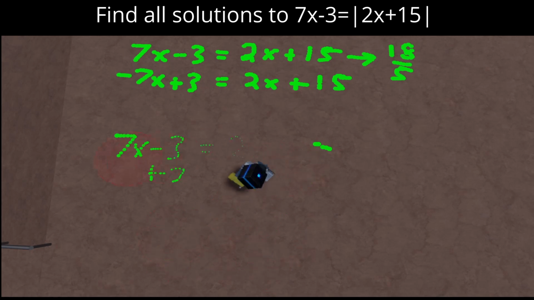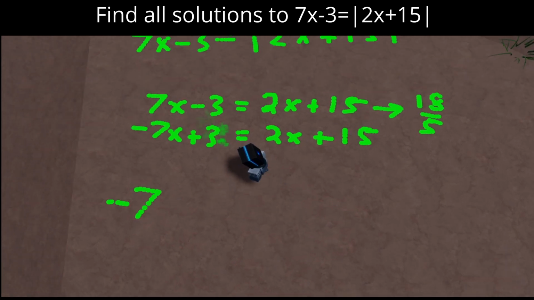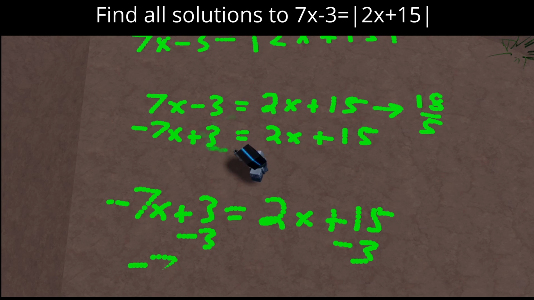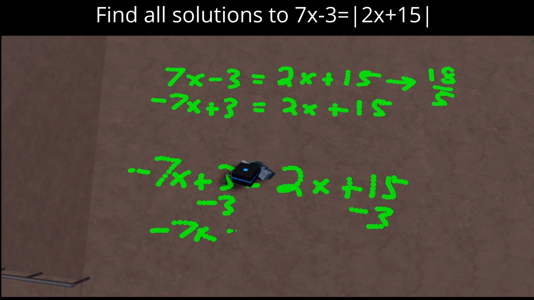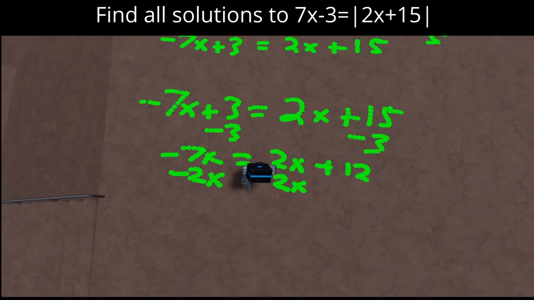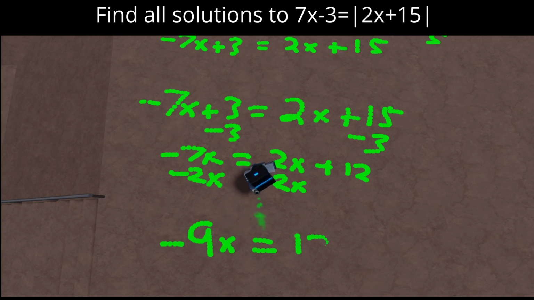Now let's solve the other one. We have minus 7x plus 3 is equal to 2x plus 15. Subtract 3 from both sides. And that gets you minus 7x is equal to 2x plus 12. Then subtract 2x from both sides. And if you do that, you'll get negative 9x is equal to 12.